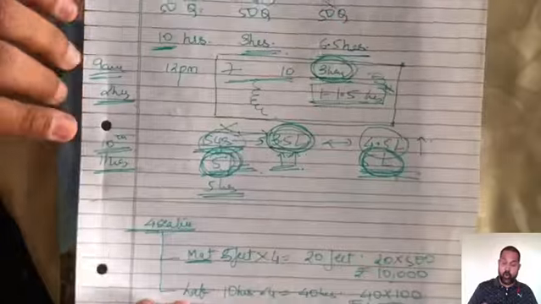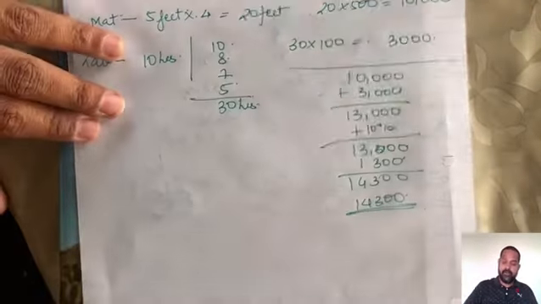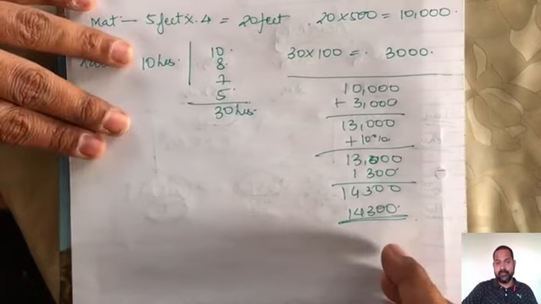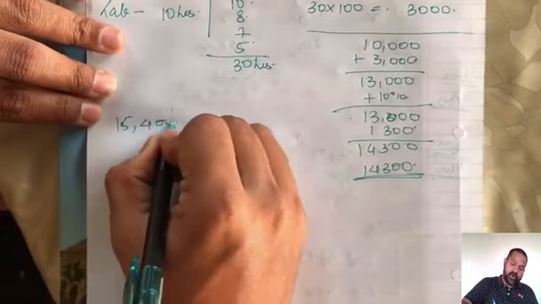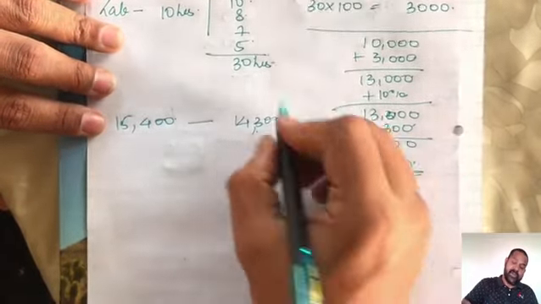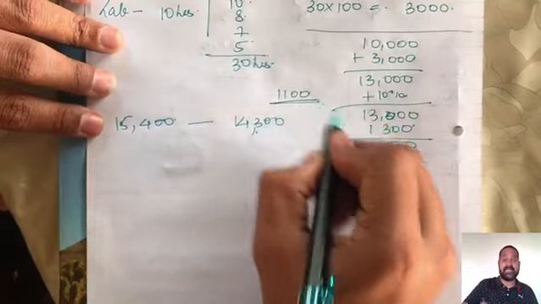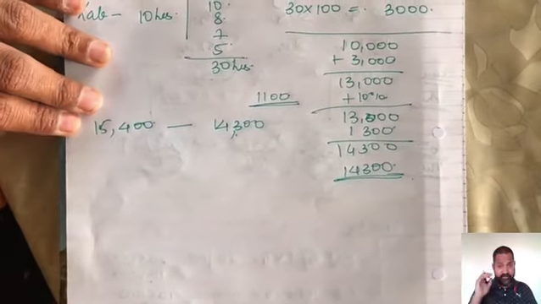Isn't this person quoting a lot less than the previous one? The previous person was quoting 15,400, while this person is quoting 14,300, which is 1,100 less than the previous one. Why? Is this person suffering a loss?